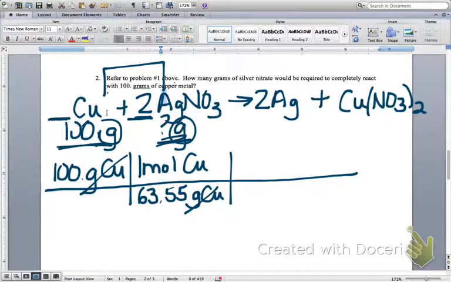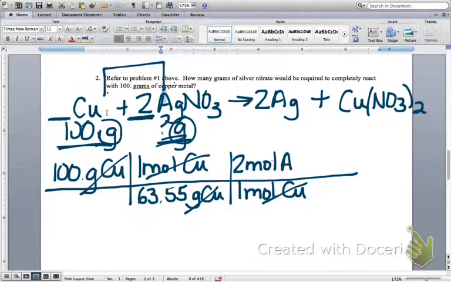Do I want that 1 mole of copper from the balanced chemical equation to go on the top or the bottom of that conversion factor? On the bottom, to get it to cancel out. So 1 mole of copper goes on the bottom. And then, what is that mole quantity for silver nitrate? 2. 2 moles of silver nitrate goes on the top.